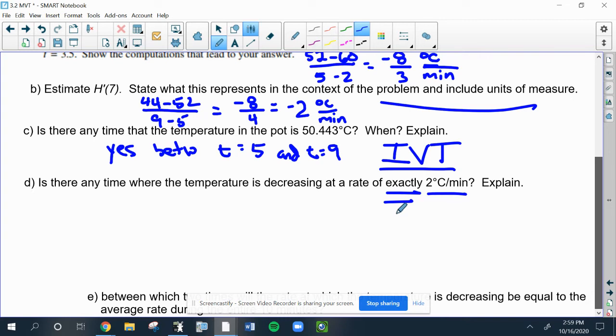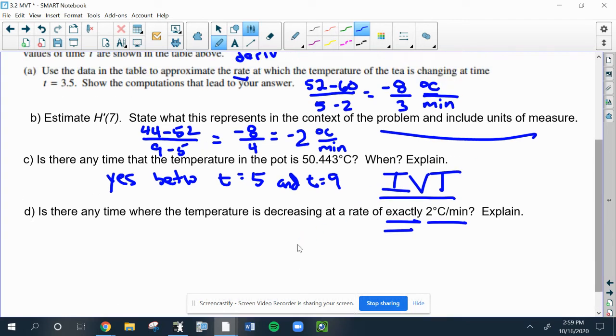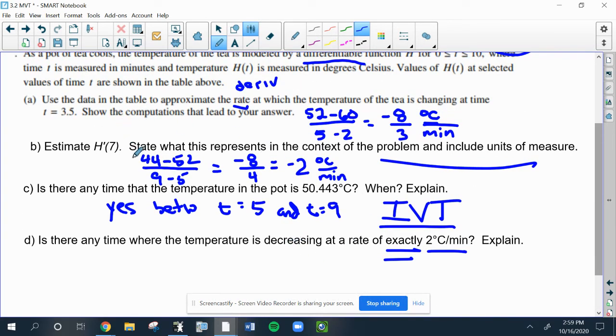So it's really asking, is there any time that the derivative is 2? Well, look at this. We know that the average slope, this is not a derivative, but it's an average somewhere, is negative 2, but it's decreasing, so that's okay. So that does mean there has to be some time that it actually equals negative 2.